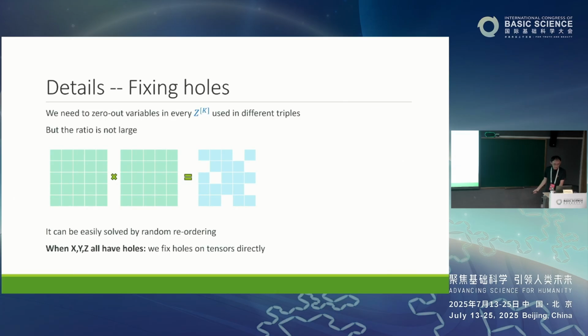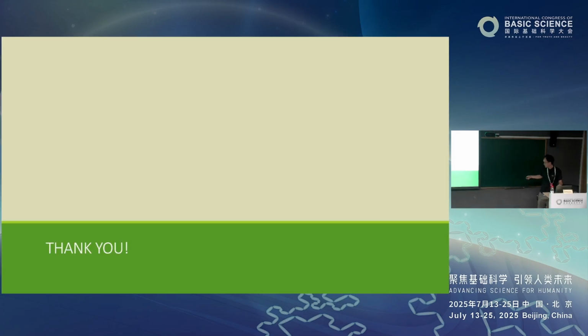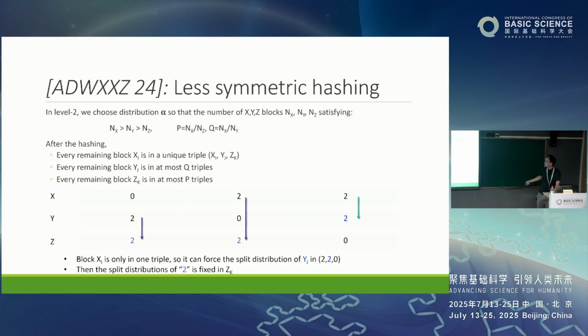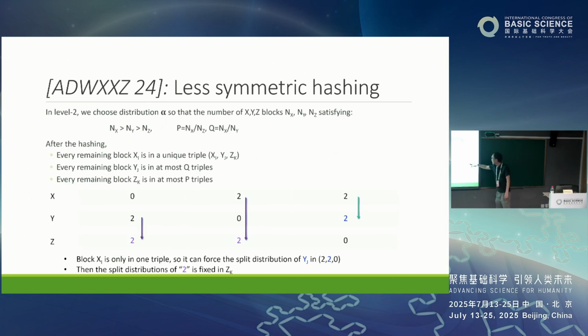So there are many details. And the recent paper is that we use a method which is asymmetric in all of X, Y, and Z, to get back the bound.